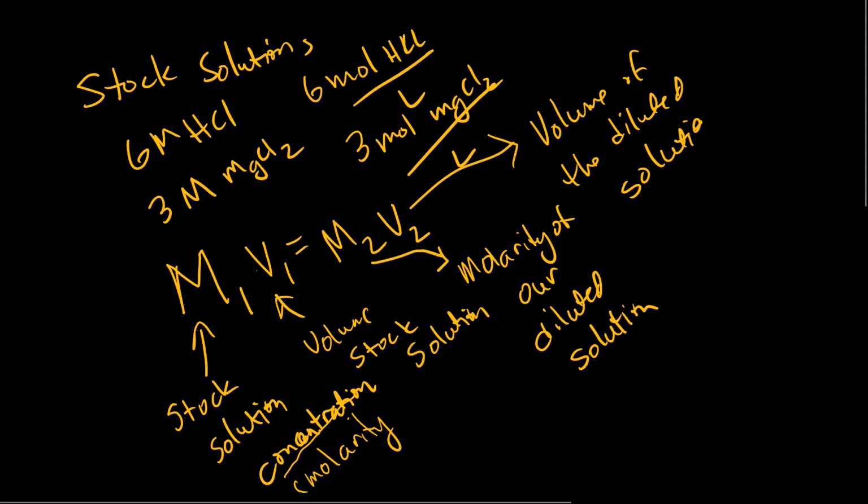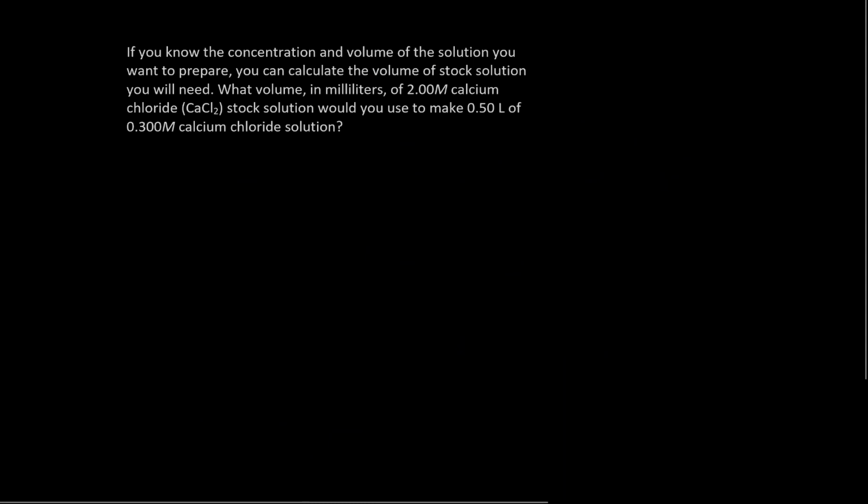So when you see the little 2 here, what that's really referring to is the diluted solution. If you see the 1, that's referring to our stock solution or our original solution, the solution before we diluted it. We'll show you how this works on the next page, and this will be the final problem, and then you're all set here. Okay, so here is how we do this.